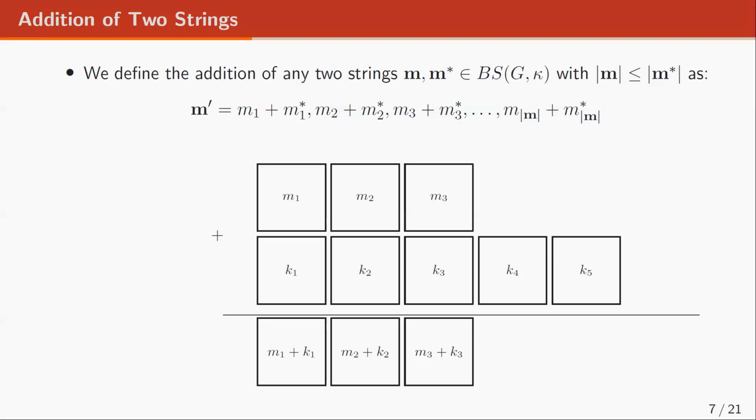And we take the resulting addition as the length of the shortest message, and each character in the string uses the group addition of the corresponding characters. So here we have a string of length 3 message and a string of length 5 key. This results in a keyed message of length 3, where we have M1 plus K1.